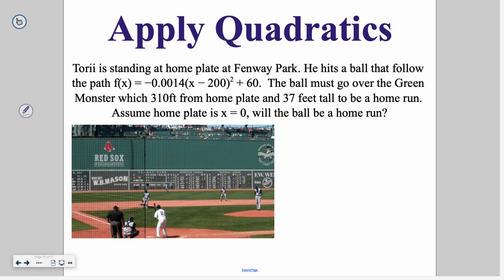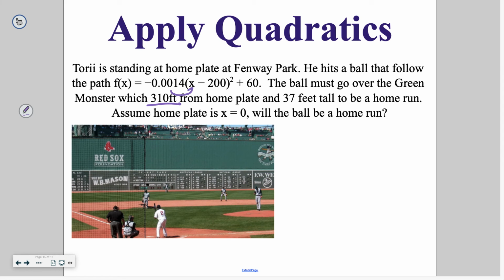Assuming that home plate represents x equals 0, will the ball be a home run? So our job here, in this case, they give us the equation to work with. So we don't have to write the equation, we can just start plugging stuff in. We want the ball to be 310 feet away from home plate. That's the distance it needs to go in order to be considered a home run.